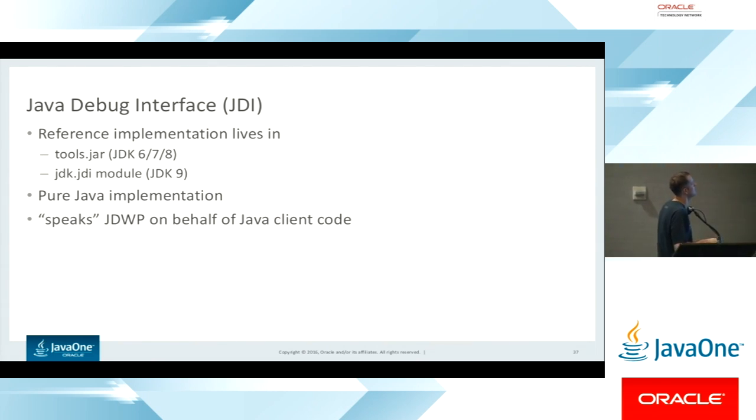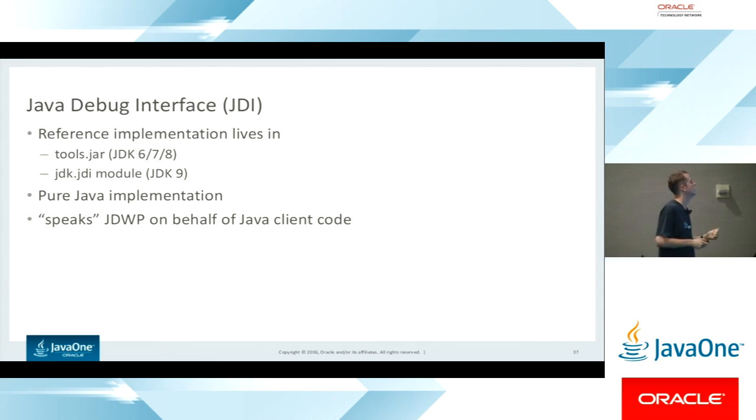So the Java debug interface, and again, I'm not going to go into any real detail here because Martin did such a fantastic job on his talk. So I highly encourage everybody that didn't see his talk to check out the YouTube video and download his slides that I linked to at the end of this one.